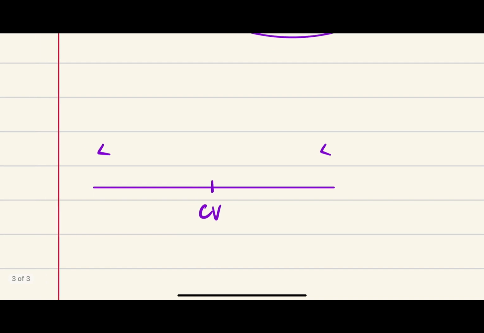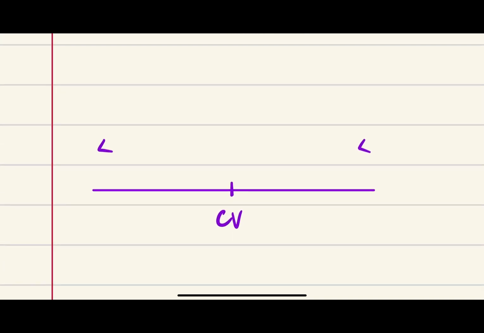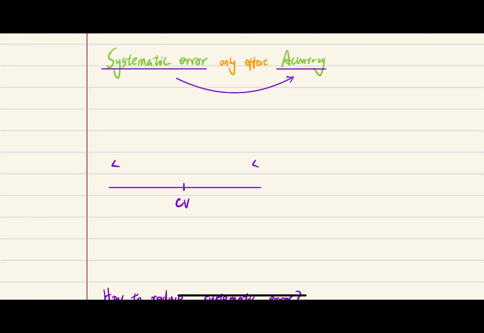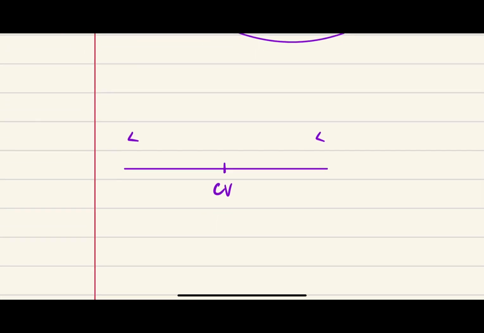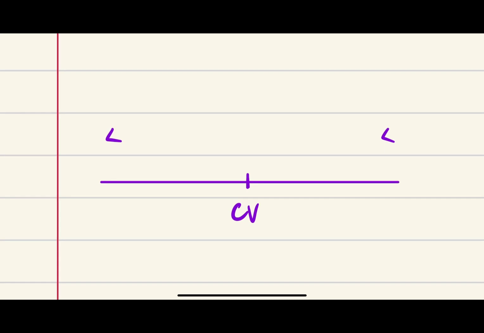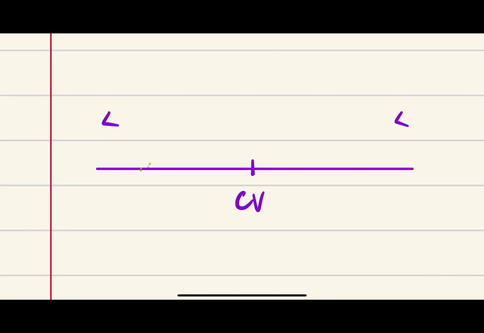So here, our old diagram. If it only affects accuracy, it means that if it's always lower, then it will be like this, or if it's always higher, then it will be like this. Whether you are being precise or not, it's always higher or always lower relative to your correct value.